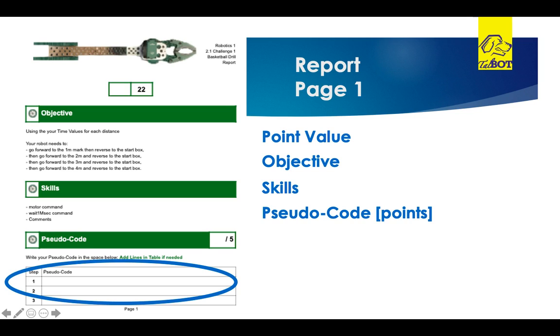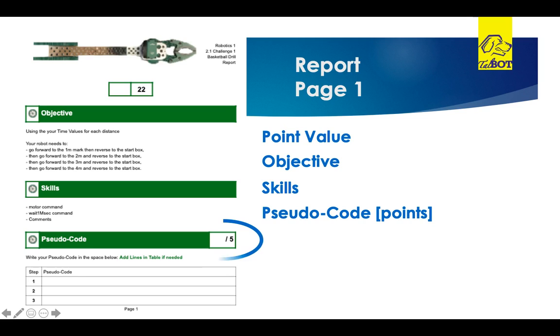I have 8 spaces available because there's going to be 8 lines of tasks that we need to do. And if you decide that you need more or less, you can certainly add them or take them away. Right now, there's only 3 of them showing on page 1, but the rest of them are on page 2. So we'll see those in a second.